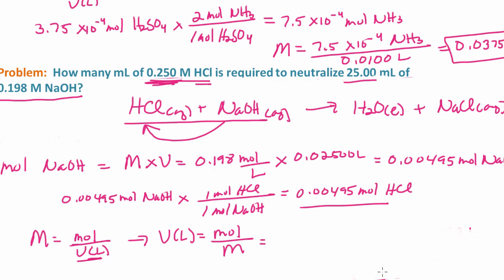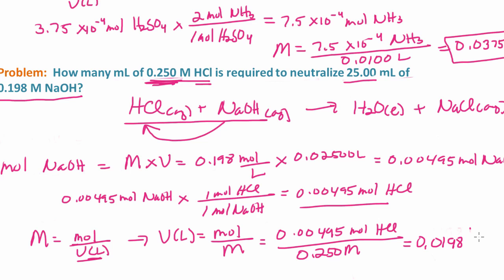That's going to be 0.00495 moles of hydrochloric acid divided by the molarity, which is 0.25 molar, and I get 0.0198 liters, but we want milliliters, so we multiply that by 1,000, and we would need 19.8 milliliters of hydrochloric acid.